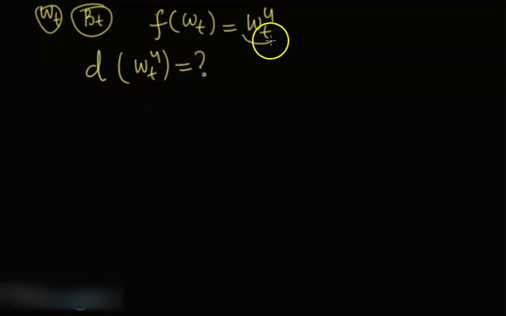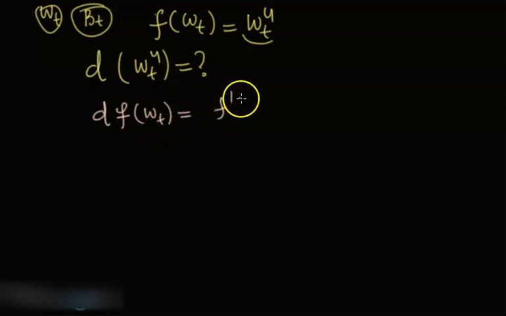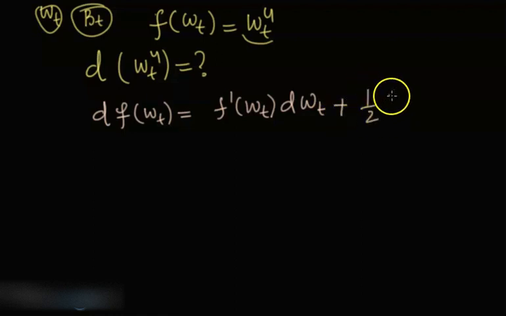function. So I'll recall my simplest version of Ito's Lemma, which says that the differential of any C2 function is given by the first derivative of the function at W of t times dW sub t, plus 1/2 times the second derivative of the function at Brownian motion times dt.